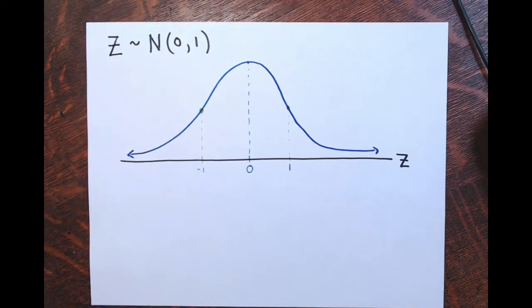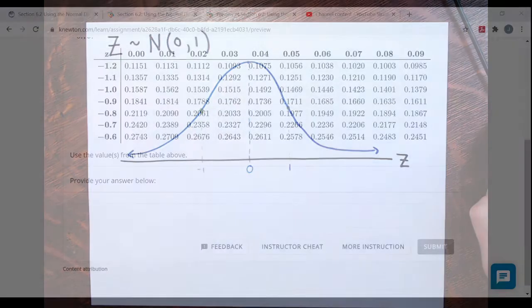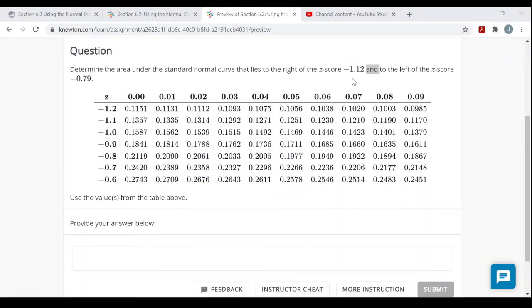But now we're not looking at whole numbers of standard deviations. Looking back at the website, we're trying to find the area between the z-scores -1.12 and -0.79. These are not nice whole numbers.